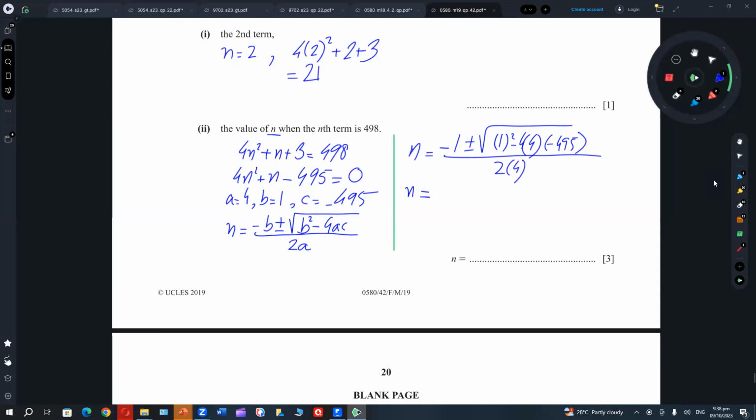Minus 4, 9. Okay, so the plus answer is 11, and the minus answer is minus 11.25.